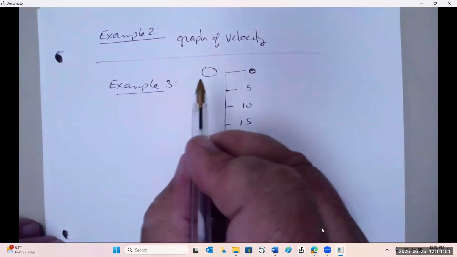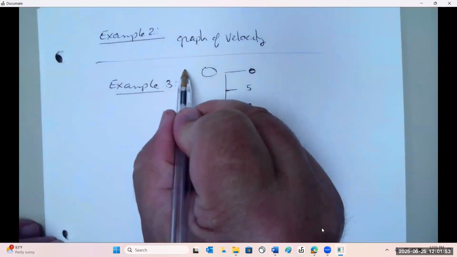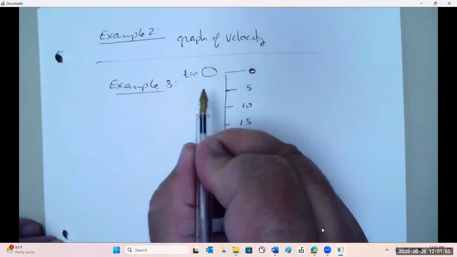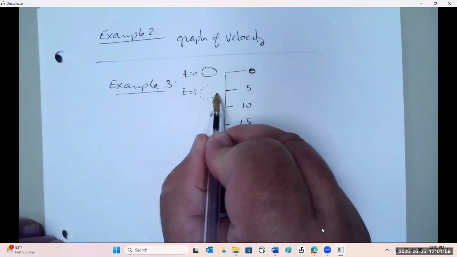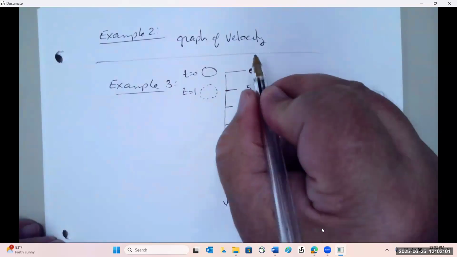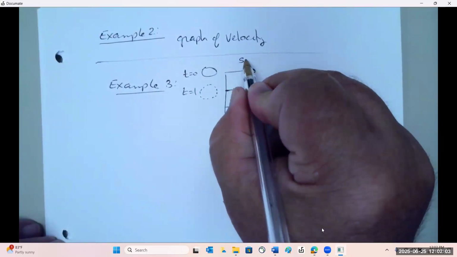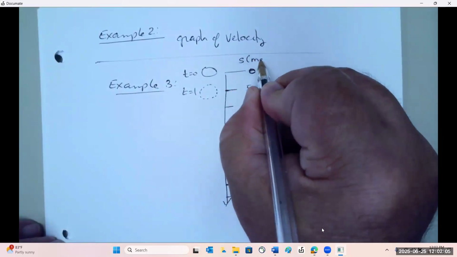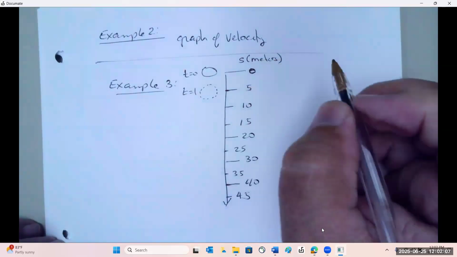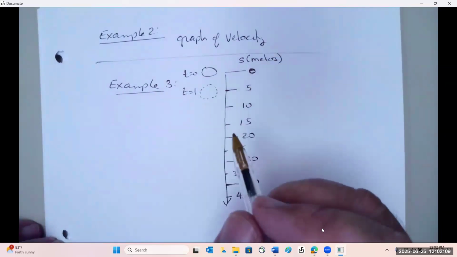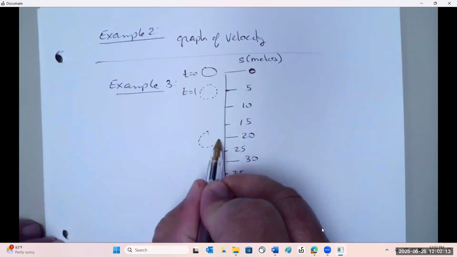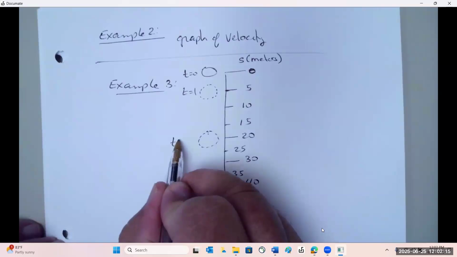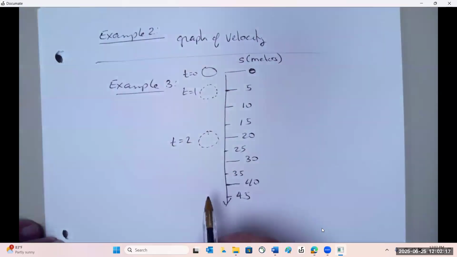So this is at t equals 0. At t equals 1, this is your displacement in meters. At 2 seconds it's at 20. And at 3 seconds it's at 45.